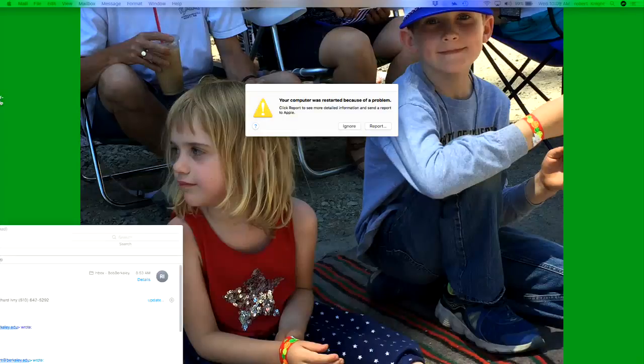Mac person? Any Mac people here? I got to switch screens. There's got to be a side person. Nobody?